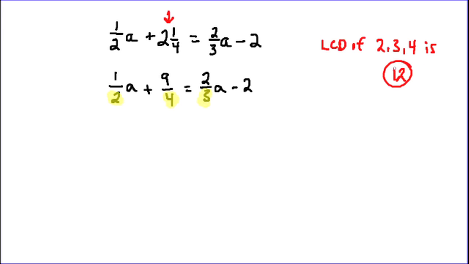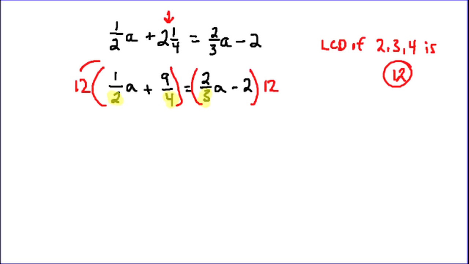So I'm going to multiply both sides of my equation by 12 on the left and by 12 on the right. Notice that I'm multiplying every single term by 12, not just the fractions. A super common mistake here is people forget to multiply the numbers that aren't fractions by the lowest common denominator as well.